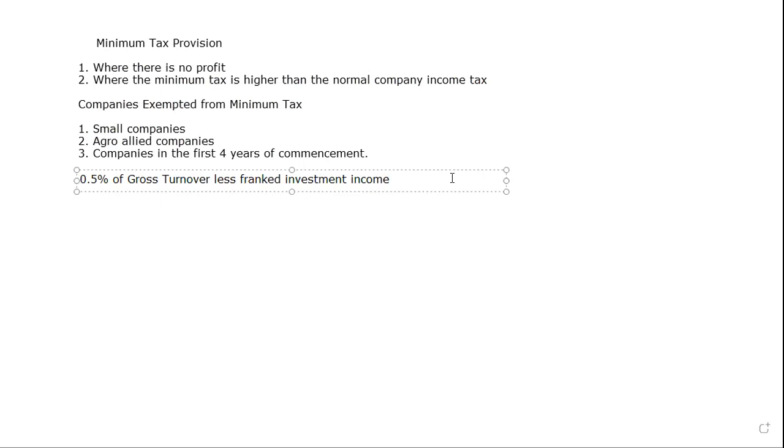Before that, for 2020 and 2021 years of assessment, they used 0.25%. But for 2022, you use 0.5% of gross turnover less franked investment income. Any question?